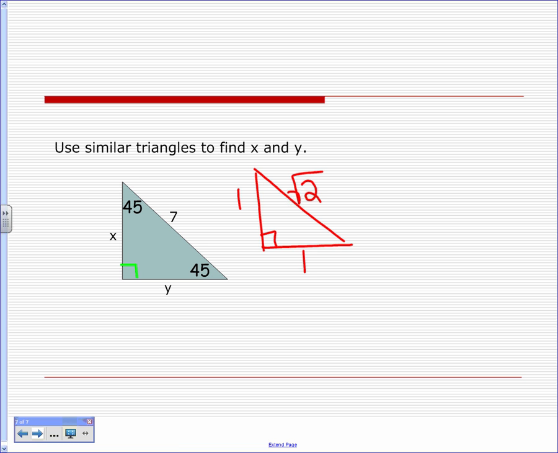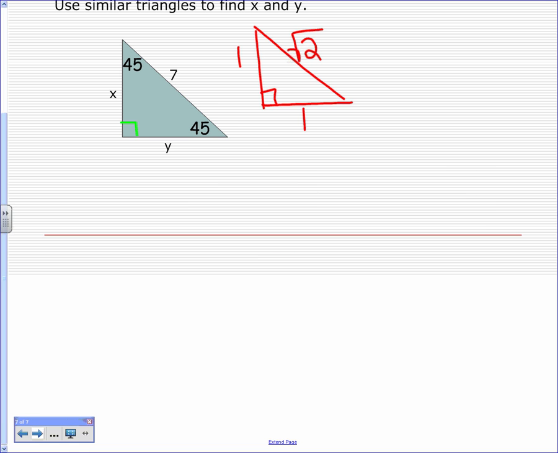Now what do we do? You make proportions. We've done these before, right? It's just with a 45, 45, 90 triangle. What proportion would I use? Do you see how that works? Yes, x and y are the same. Your legs are always the same, yeah.